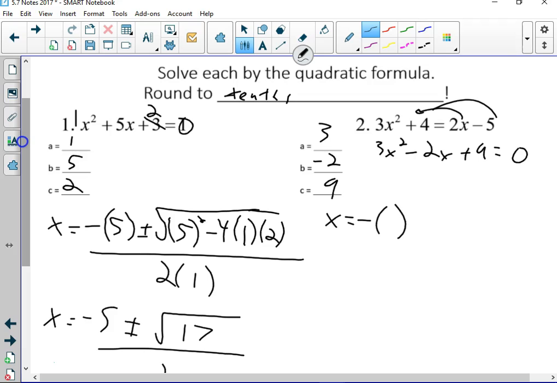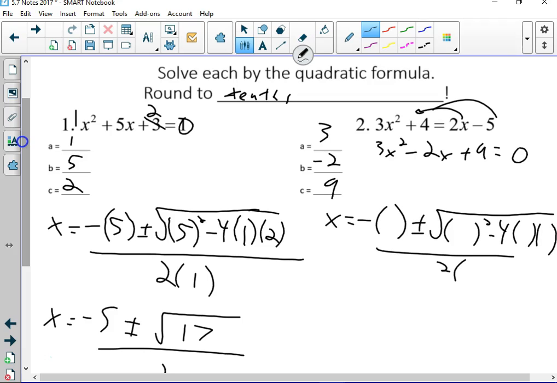Opposite of b, leave a blank. Plus or minus the square root of b squared minus 4ac all over 2a. Now you just plug the numbers in where they go. B goes here, B goes here, A goes here, A goes here, and C goes there. That's simple.